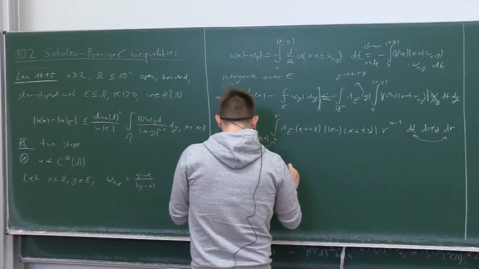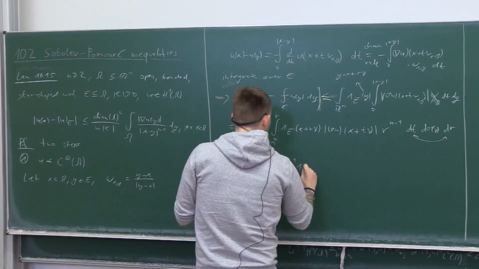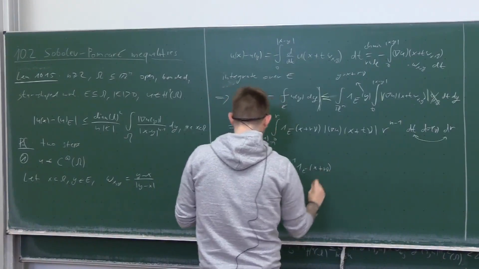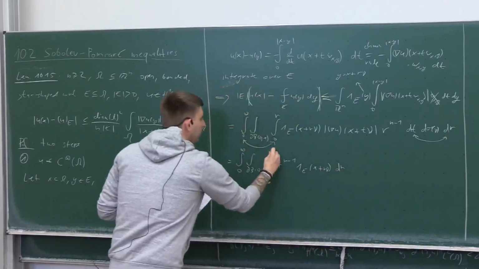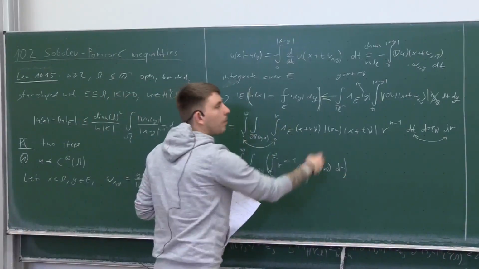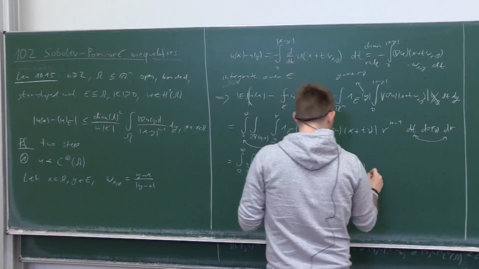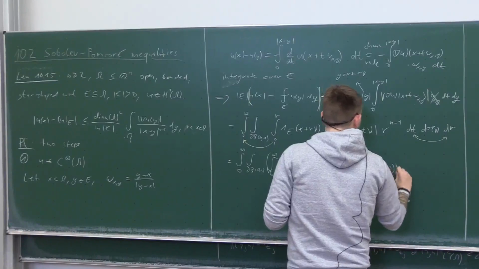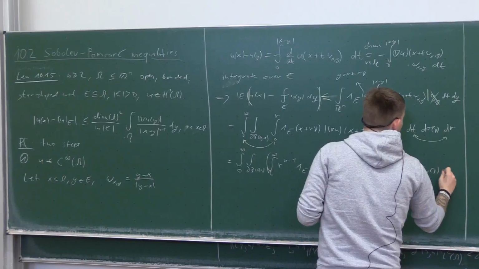Then I have here r^(n−1), I have this indicator function of E at x + r ν, dr. I want to have this as an independent factor, and afterwards I copy what's left: the absolute value of the gradient of u evaluated in x + t ν, dr dσ(ν) dt.